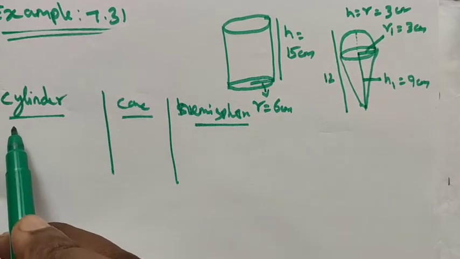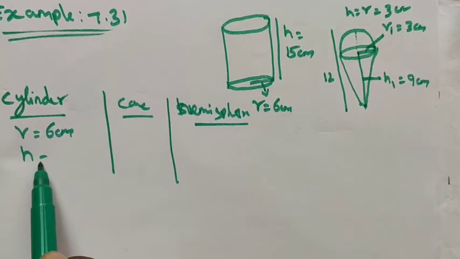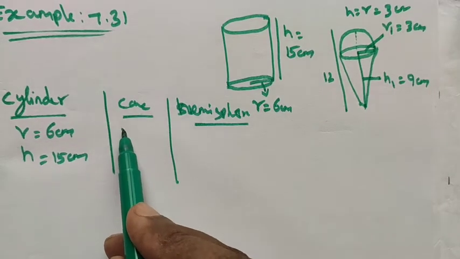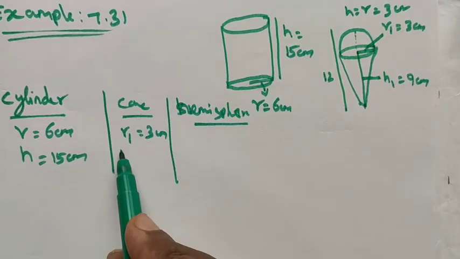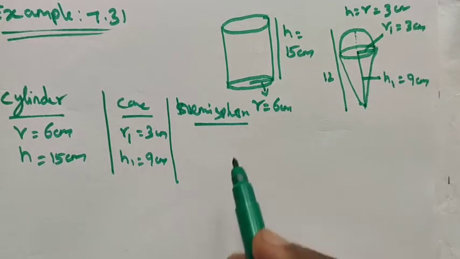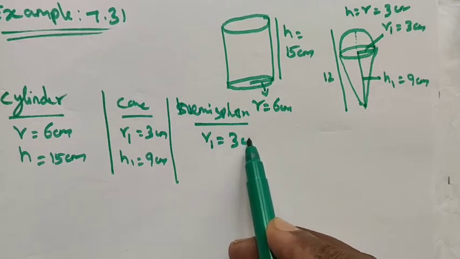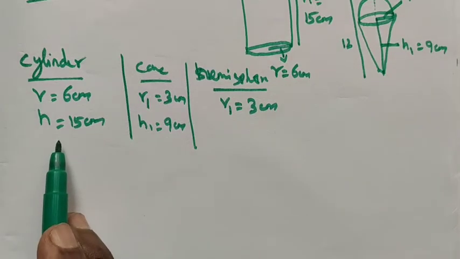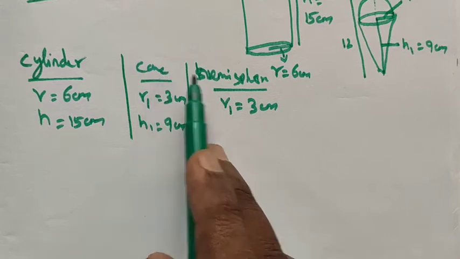So here the radius of the cylinder r is equal to 6 centimeter and the height h is equal to 15 centimeter. The radius of the cone, let me take it as r1, is equal to 3 centimeter and the height h1 is equal to 9 centimeter. For the hemisphere, the radius is also r1, that is 3 centimeter. Now, the volume of the cylinder is equal to the number of cones times the volume of cone plus hemisphere.